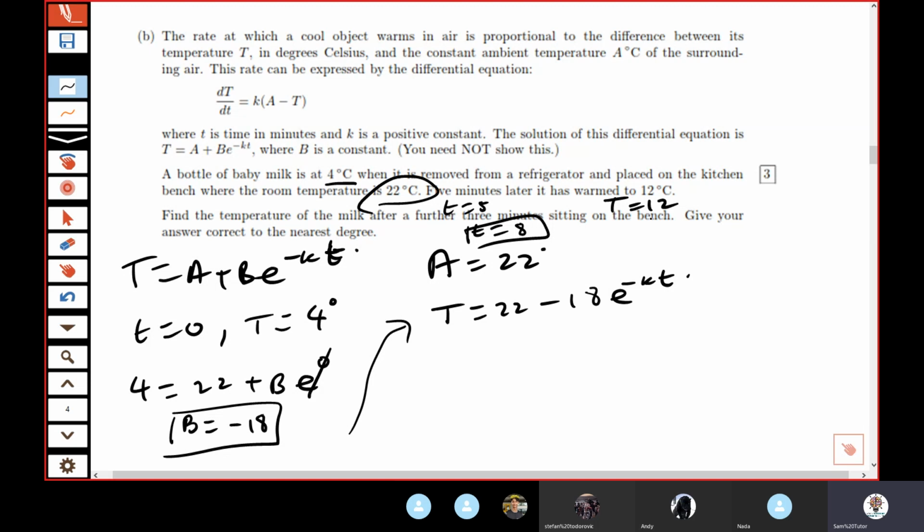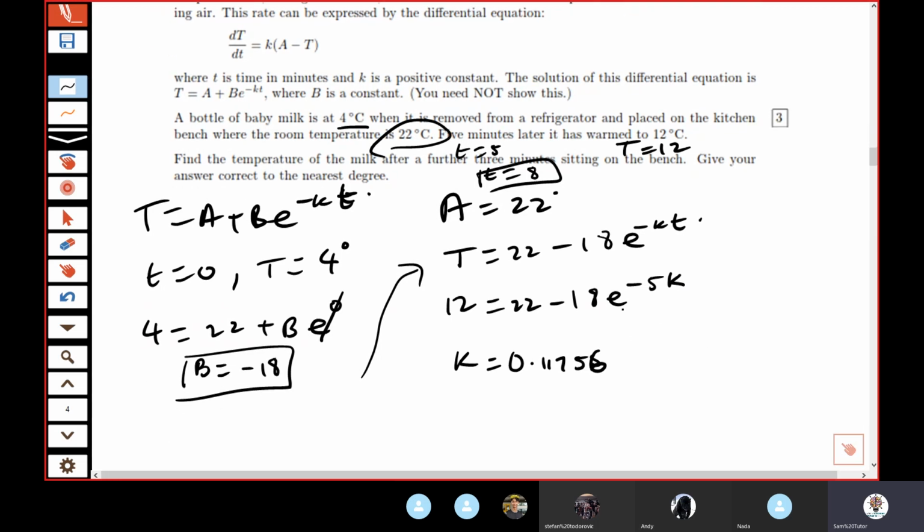Second set of conditions: temperature is 12, time is 5. Solve for k. I'm just going to do it in my calculator. I think you guys should definitely know what to do by now. 12 take away 22, divide by negative 18, log, divide by negative 5. I got k as 0.117556, whatever. Okay, last line.